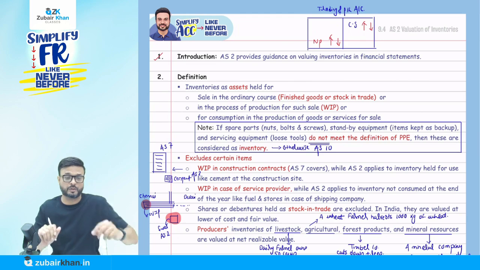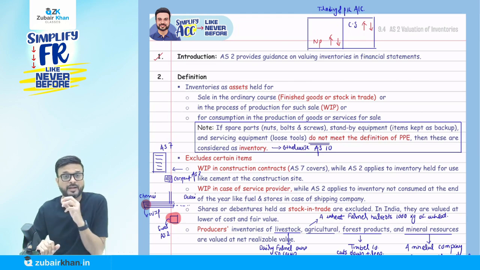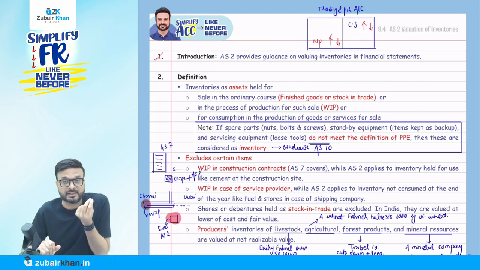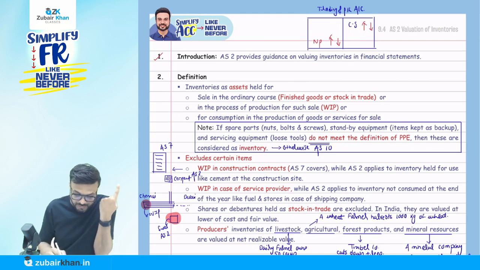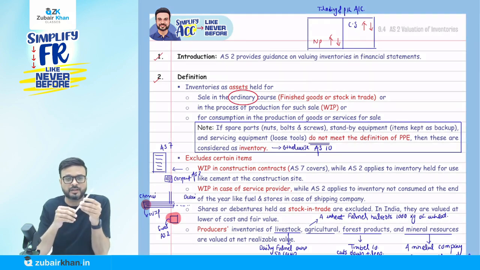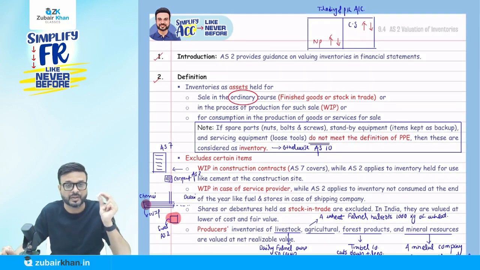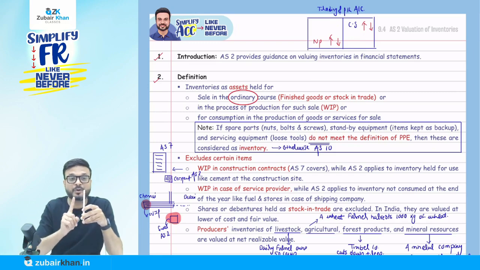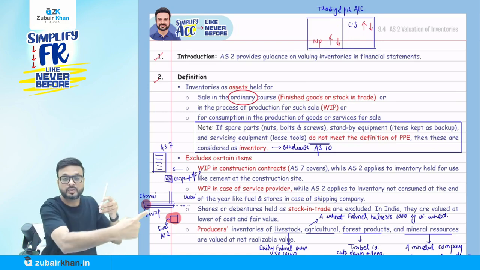Now, what do you mean by closing stock? It is important to understand what closing stock means. So they say inventories are assets held for, now understand this point, assets which are held for sale in the ordinary course of business. Okay, so I'm using this pencil. Is it inventory for me? No, because this is an asset I hold, but not for sale in the ordinary course of business.